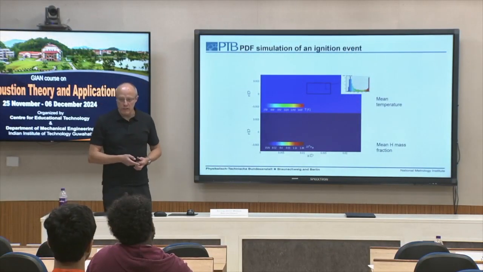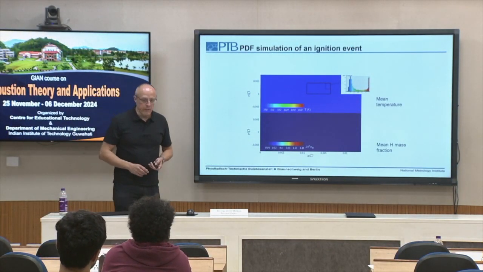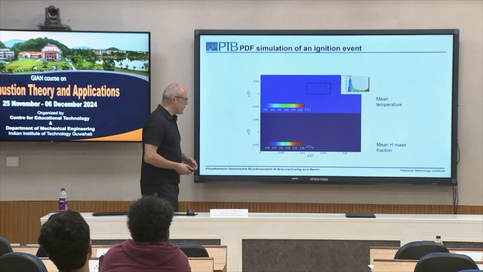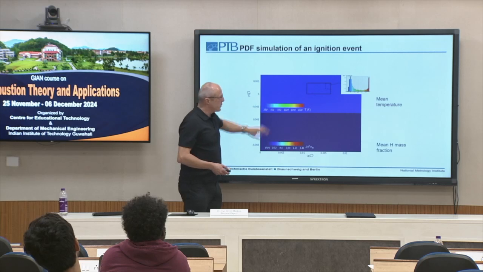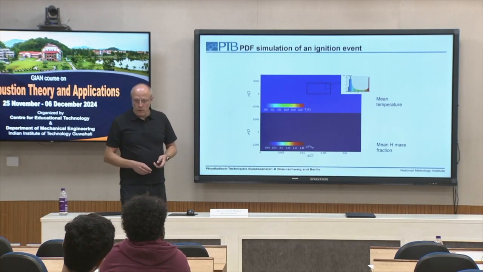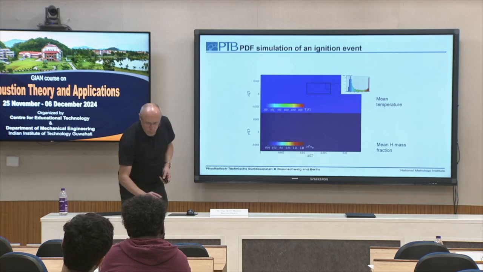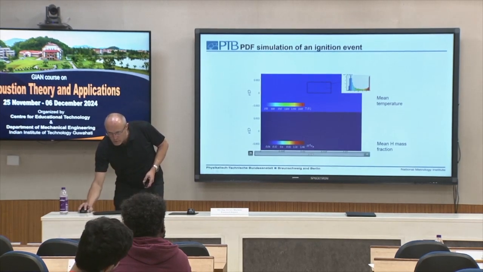So now we see the outcome of such a simulation. We see the plot of mean temperature and mean H mass fraction. The flow is coming from the left, going to the right, and we want to see whether an ignition occurs or not.